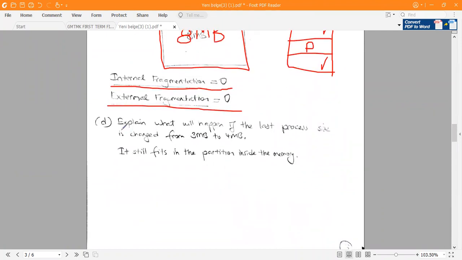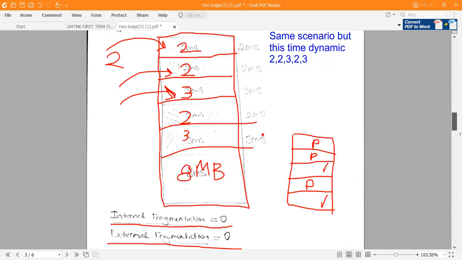So in part D, it is saying, explain what will happen if the last process size changes to 3 to 4 megabytes. Okay, it will fit, because if it is 3 to 4, it will be 4 megabytes here, and this will be 7 megabytes.